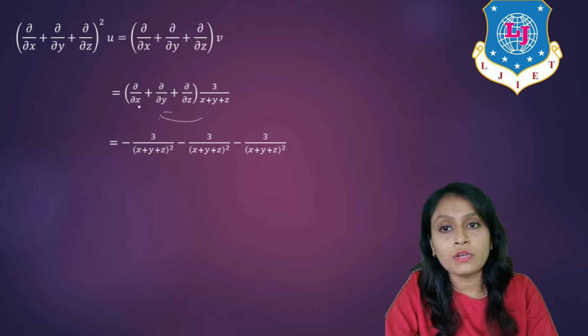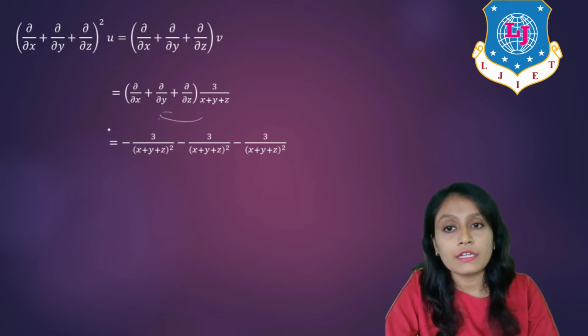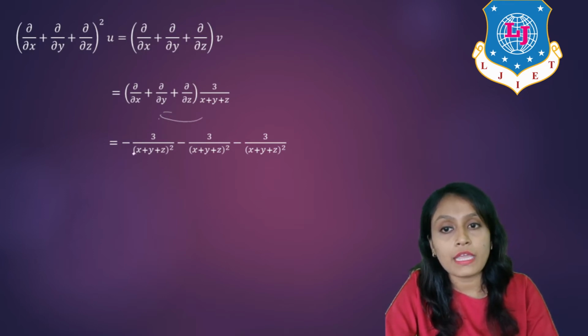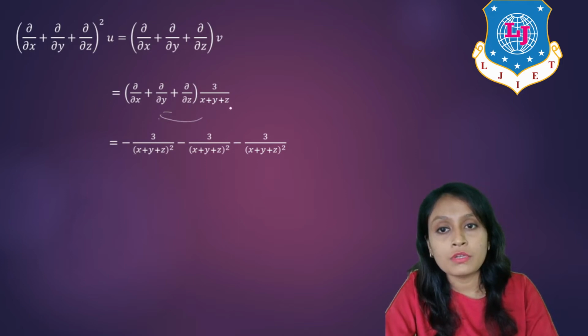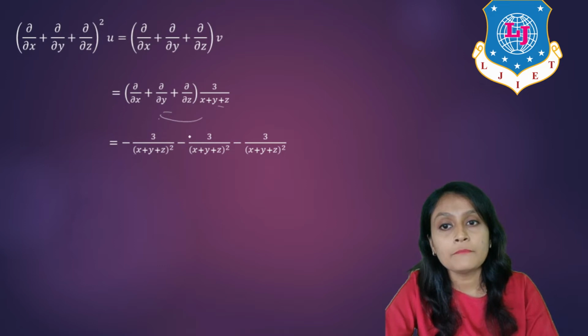For that we will apply the formula that the derivative of 1 upon x is minus 1 upon x square. So here you will get minus 3 upon (x plus y plus z) whole square. Now if you apply chain rule here, y and z are constant so they give 0, and the derivative of x is 1. So only 1 is multiplied, right?